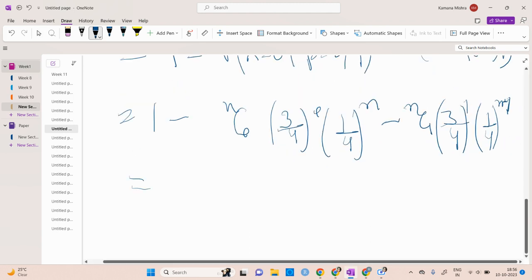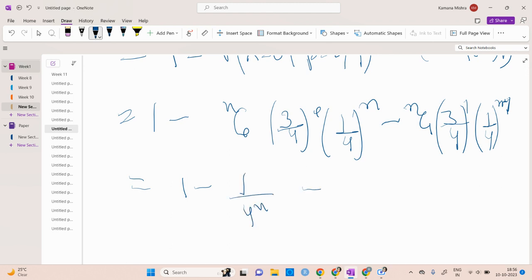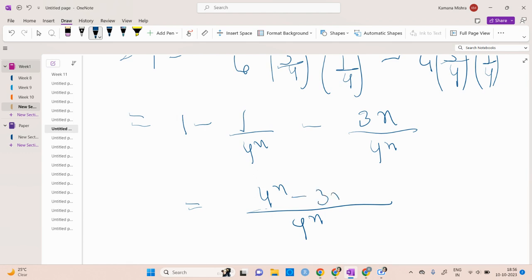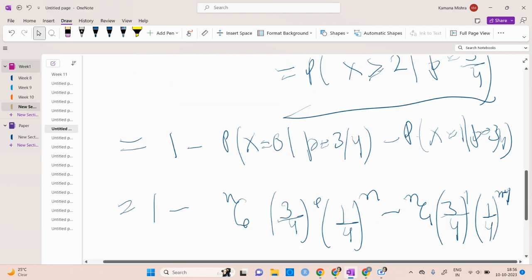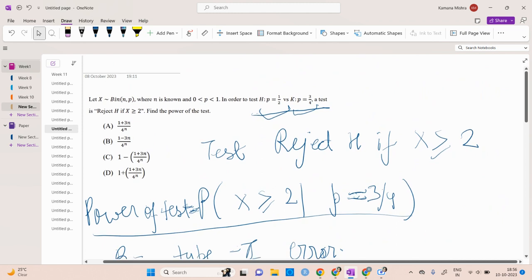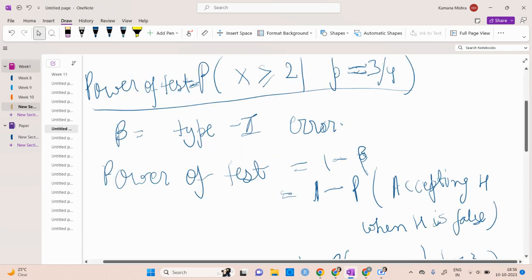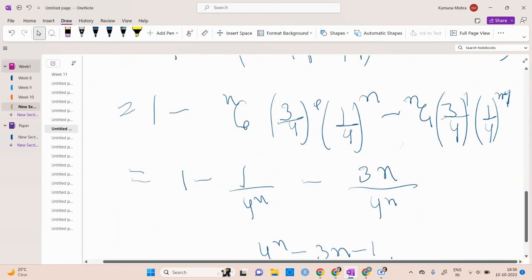So it will be 1 minus 1 upon 4 to the power n minus 3n divided by 4 to the power n. Right? So it will be 4 to the power n, 4 to the power n minus 3 minus 1. So it is written in this form. So it will be 1 minus (1 plus 3n) divided by 4 to the power n. So this will be the answer of this question.